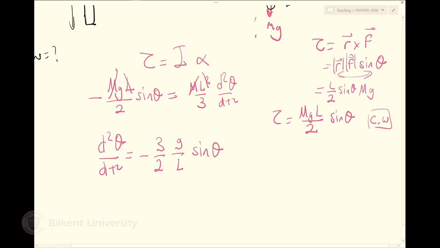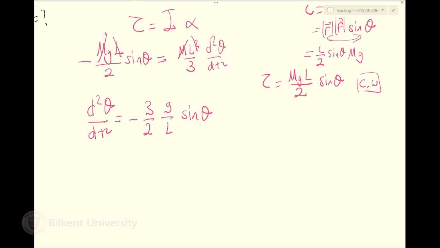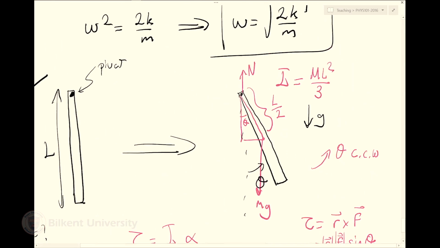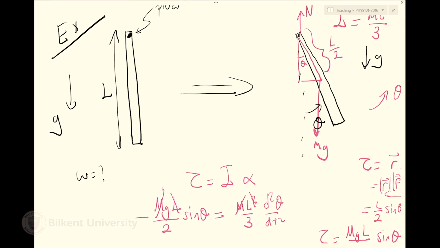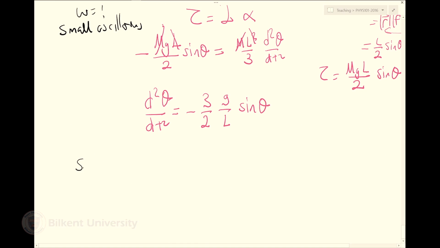Is that the differential equation that I can solve? Not yet. This is not a harmonic differential equation. So I should only answer for small oscillations. Small oscillation means sine theta is almost theta.